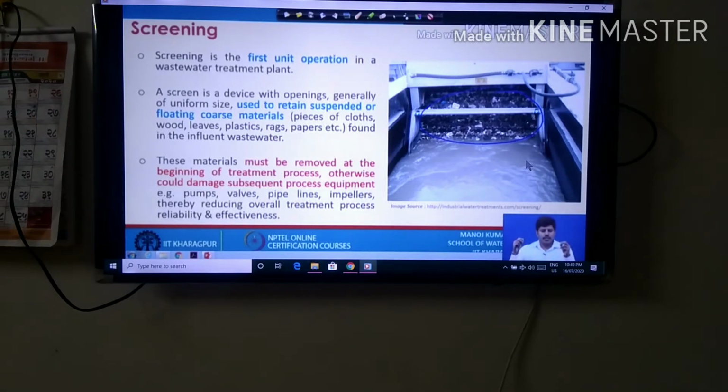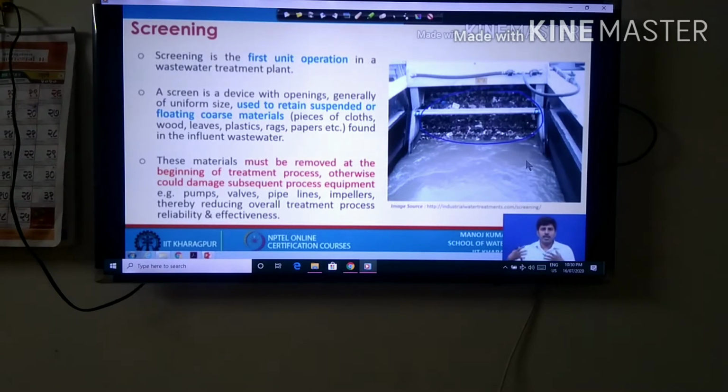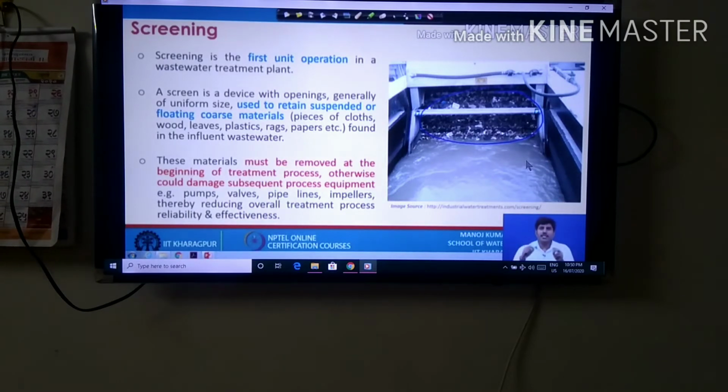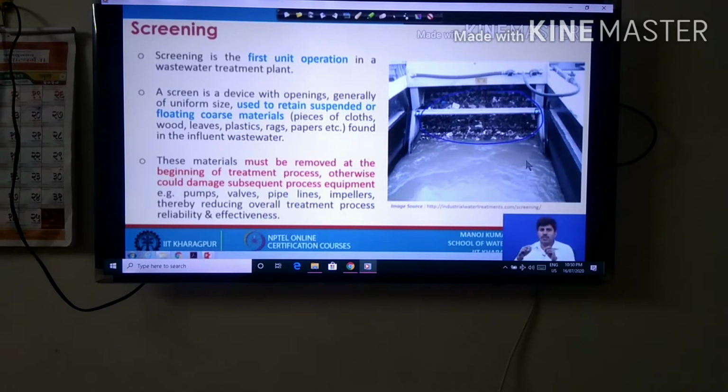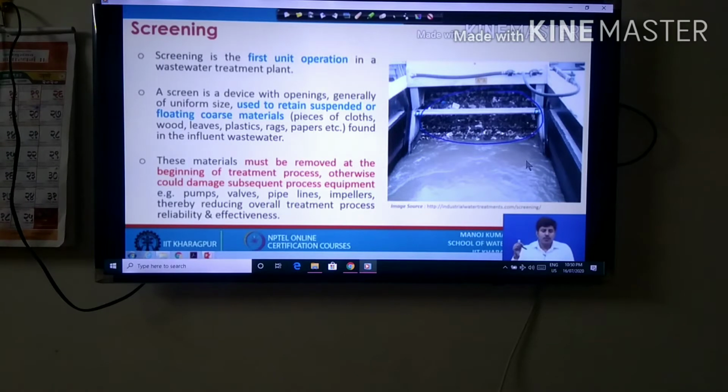These materials are easy to remove just by filtration because they are of much larger size, but it is essential to remove them at the very beginning of the treatment process. Otherwise, if we let them go and then start pumping sewage to a reactor, they could damage the pumps and other channels.